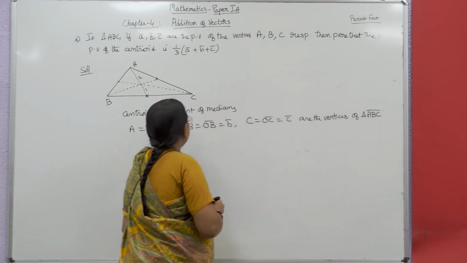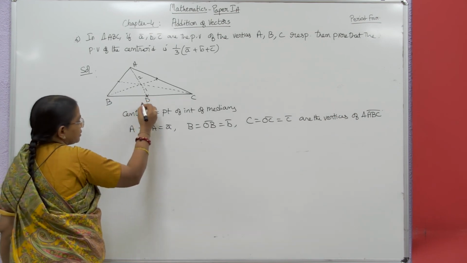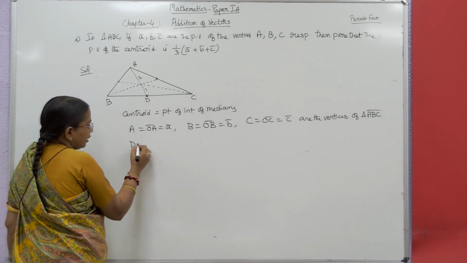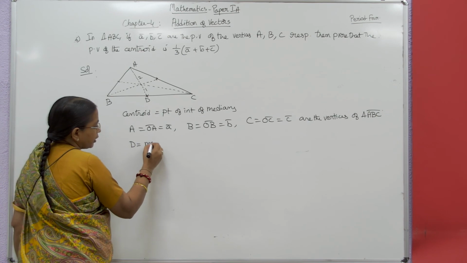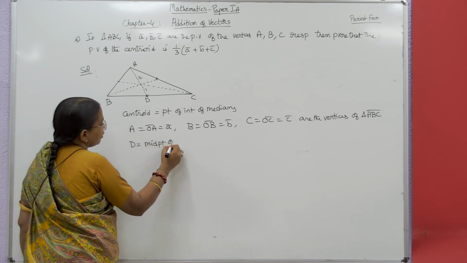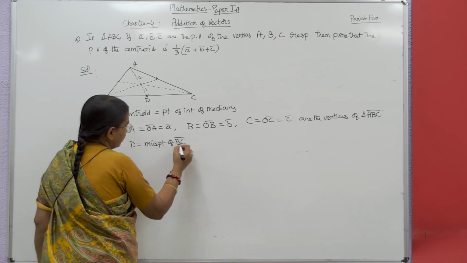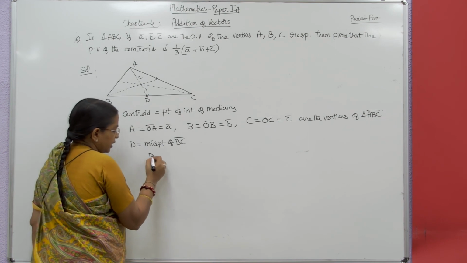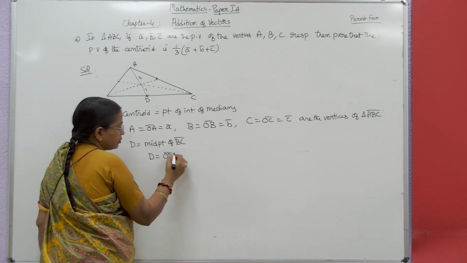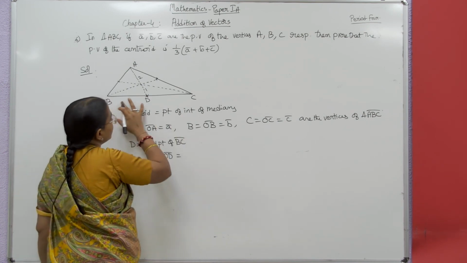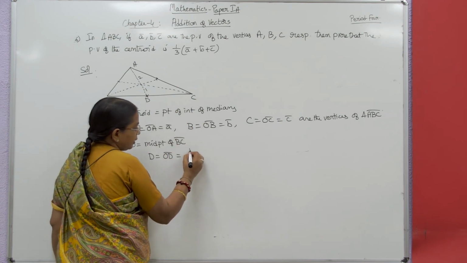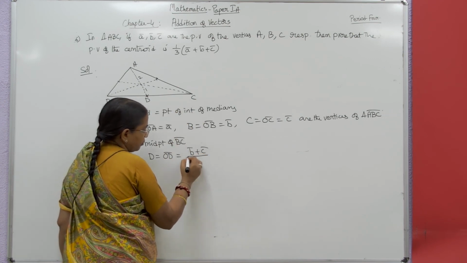So now what is the midpoint? Suppose that D is the midpoint of BC. So OD is given by the midpoint formula, B plus C by 2.